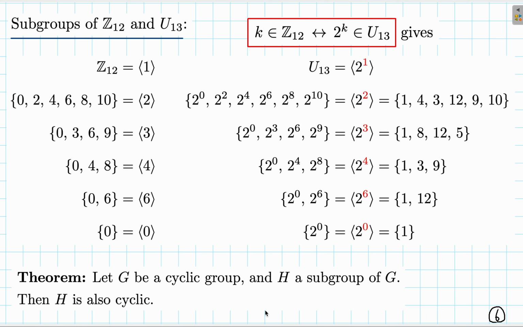So for instance, we know Z12 is cyclic, and this theorem says that any subgroup of Z12 is cyclic. Same can be said about U13 because U13 itself is cyclic, and all of its subgroups are also cyclic as well. Again, for the proof of this theorem, please take a look at chapter 14 in the textbook.